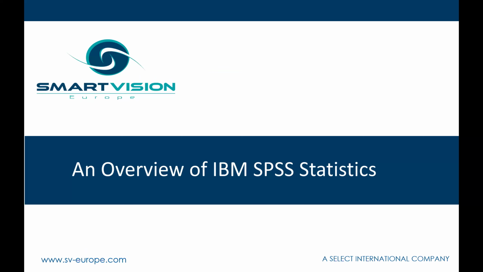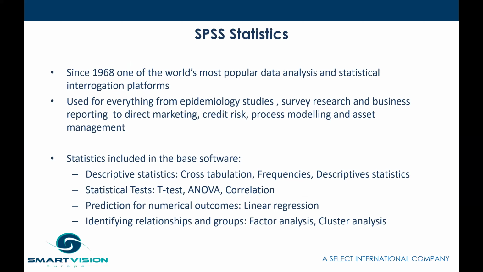So first of all, an overview of IBM SPSS statistics, to give you a bit of context of how this software comes about. It's one of the world's most popular data analysis and statistical analysis platforms. It's been around since 1968. At the time of acquisition by IBM, I think in about 2008, 2009, it was the world's oldest public software company.